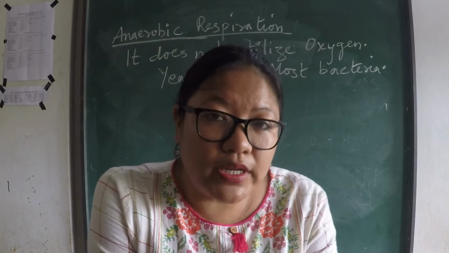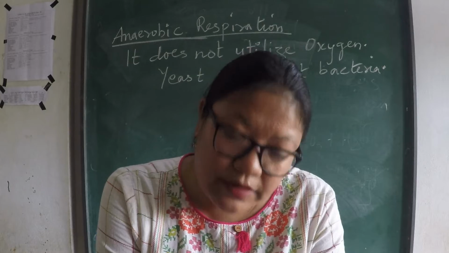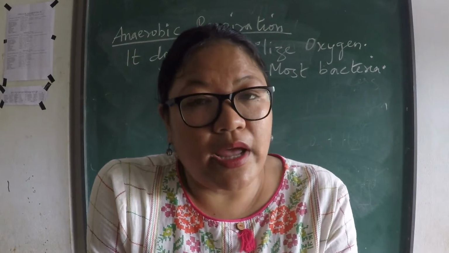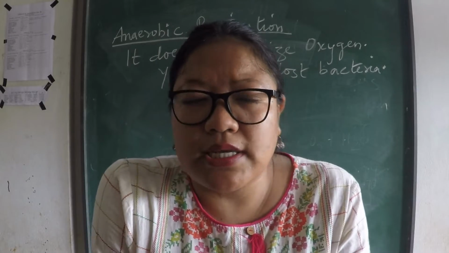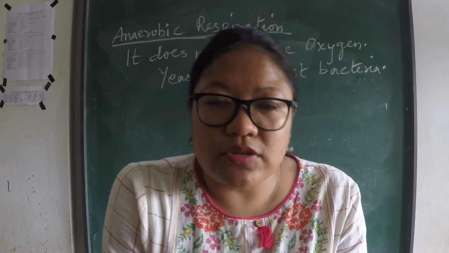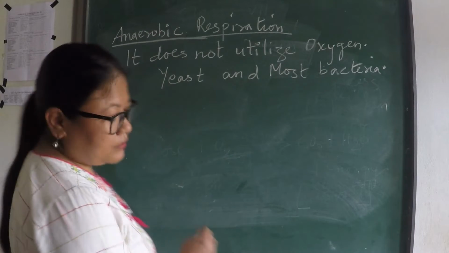And when it is broken down, what does it give us? It gives us ethanol and carbon dioxide and energy. And the amount of energy produced here is very less. So let's see the equation.